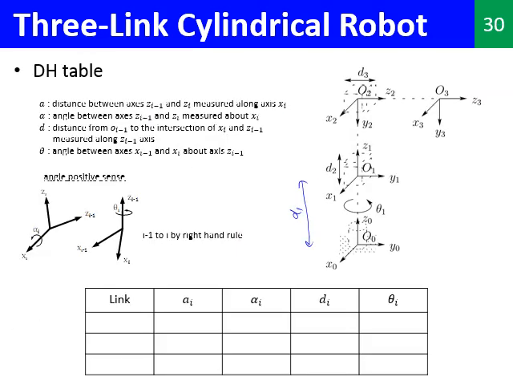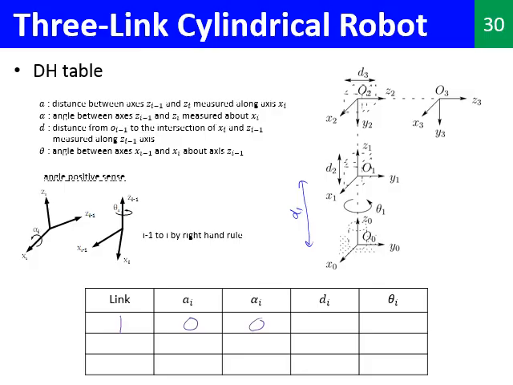We start with link 1. So A1 is the distance between Z0 and Z1. So that is going to be 0 because Z0 and Z1 are basically the same axes. Alpha 1 is the angle between Z0 and Z1, and that is also 0.